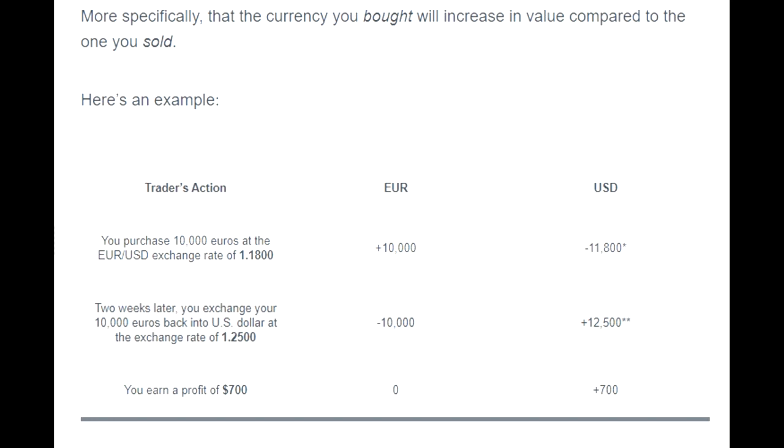Your speculation was right. Now, how much did you earn? How much did you make as profit? You just made 700 US dollars. That is this minus this, giving you 700 US dollars. In pipsology, you just have to calculate the number of pips that we have here.